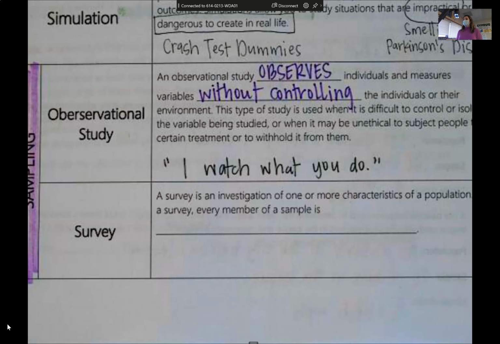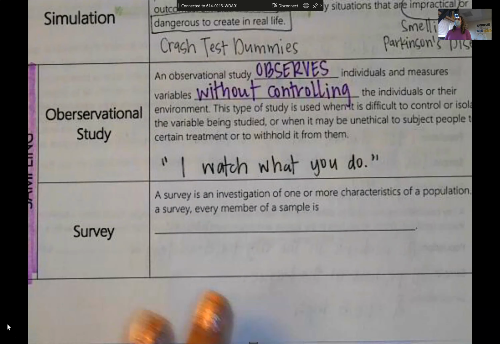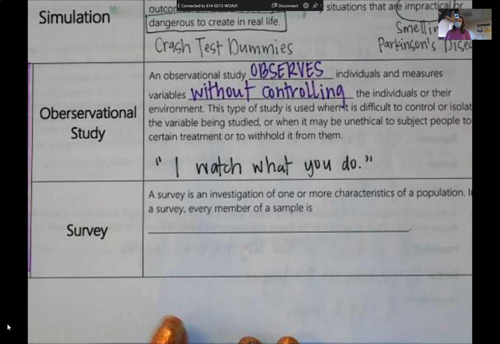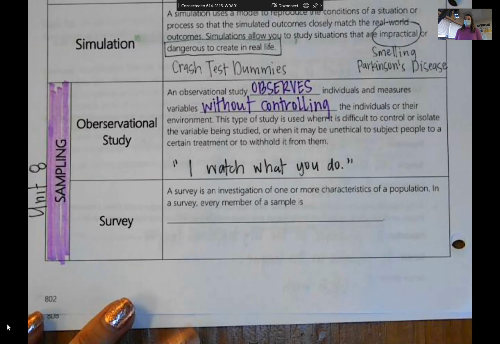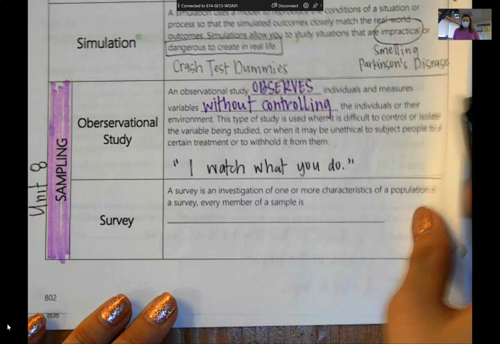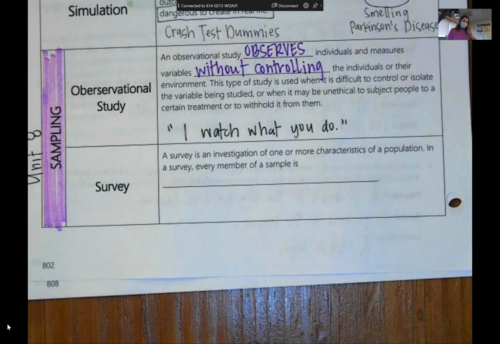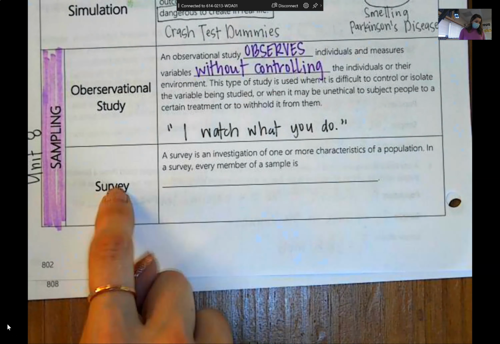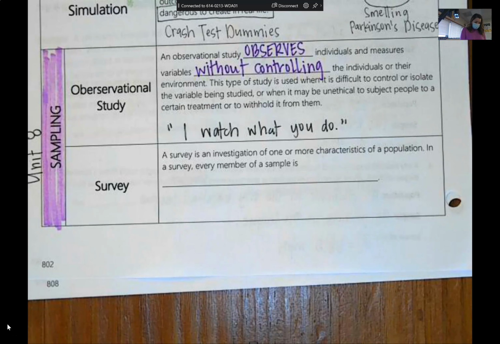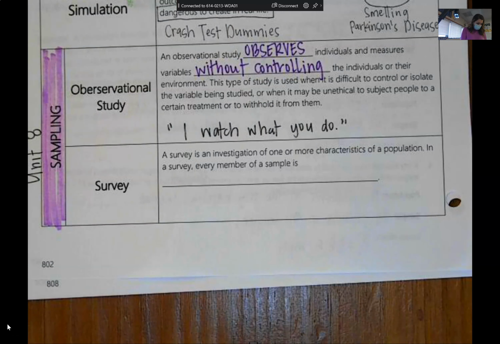And then the last one is the most common one, and I would imagine that most of you in this room have participated in this last one. This last one is a sample survey. It just says survey, but I'm going to write the word sample above it, because really it's a sample survey.